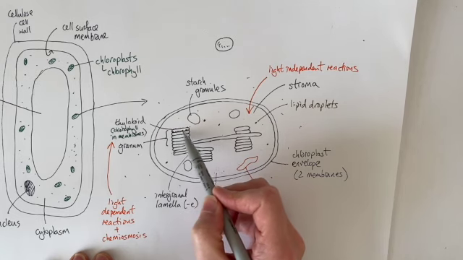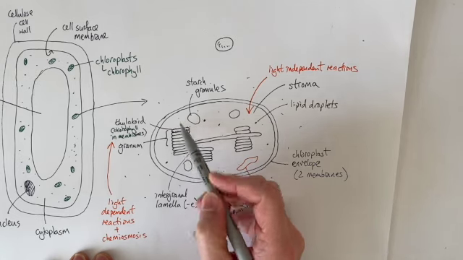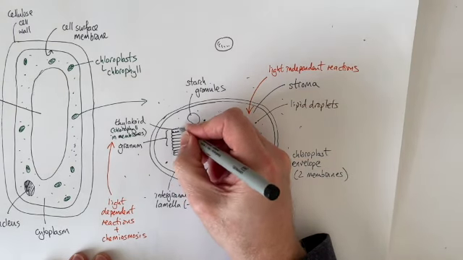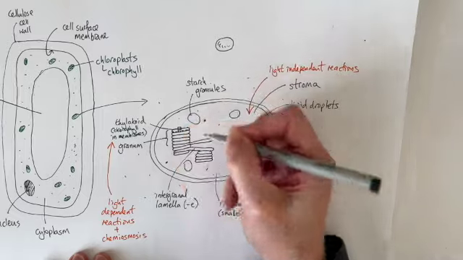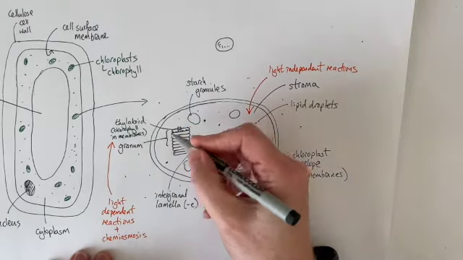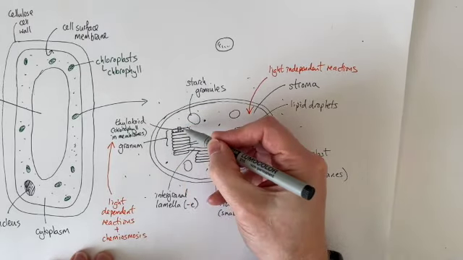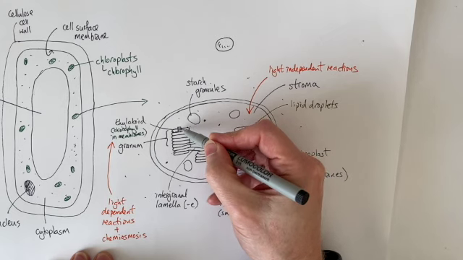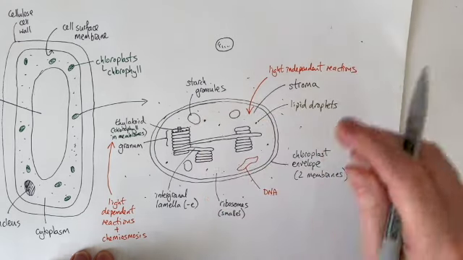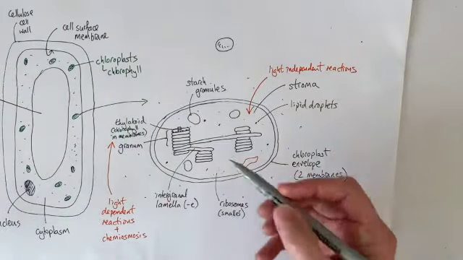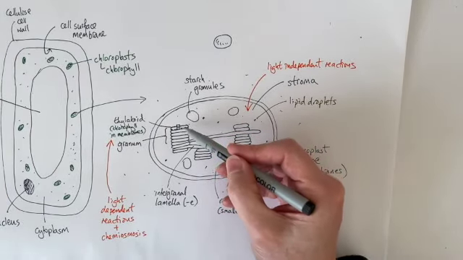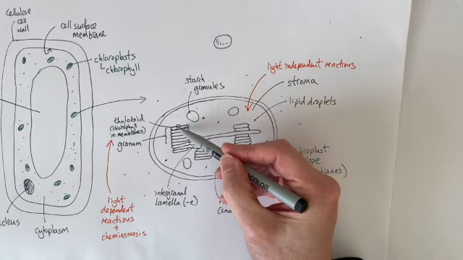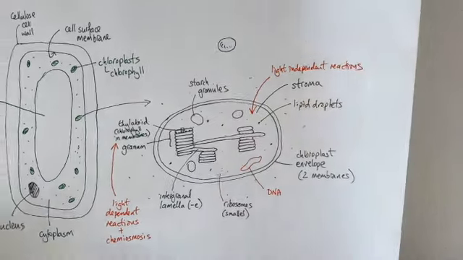Let's just concentrate on this one thylakoid, and in fact, let's just concentrate on that one particular area, the top. So we're going to zoom in and look at the thylakoid membrane, and we're going to look at the stroma and the lumen of the thylakoid, the space inside the thylakoid. Okay, so remember the thylakoid is a large flattened sac.